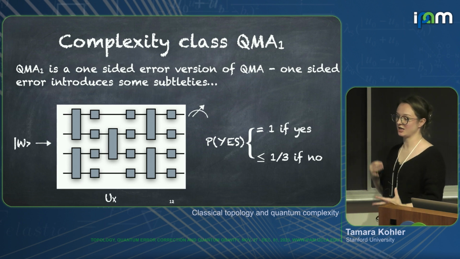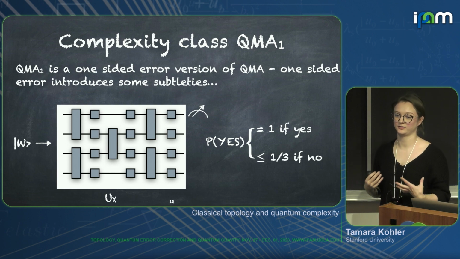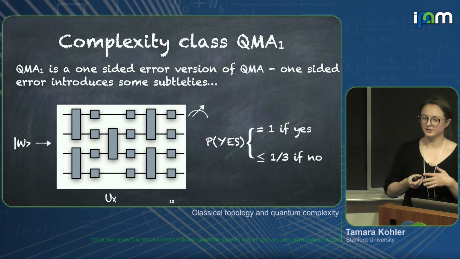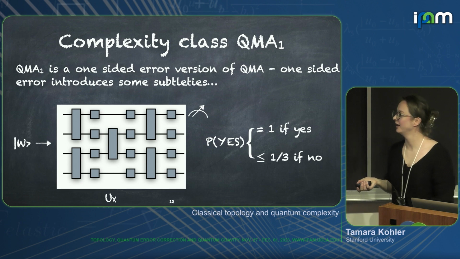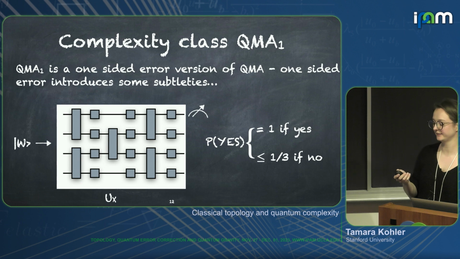So in the case where there is a genuine solution to this problem, if someone gives me a valid witness, I always have to accept it. We're not going to allow any probability of error. But if there's no valid solution, we're still going to allow that sometimes I might accept an invalid solution. This sounds like a really minor modification of the complexity class, but it turns out it introduces some subtleties.